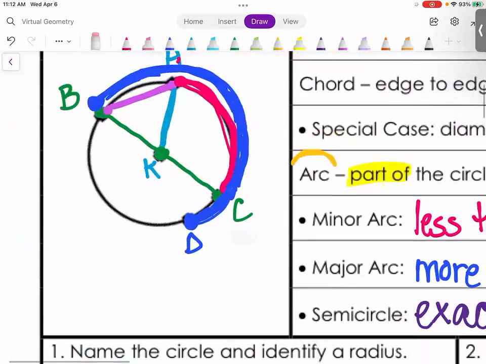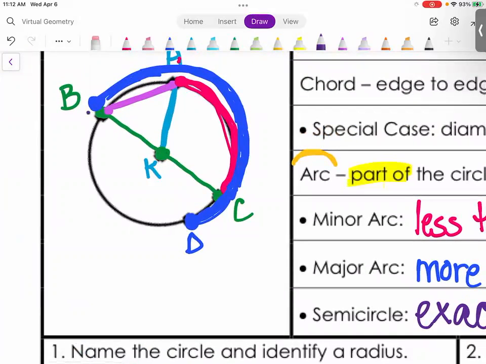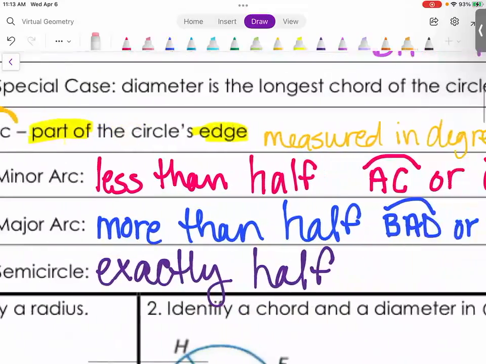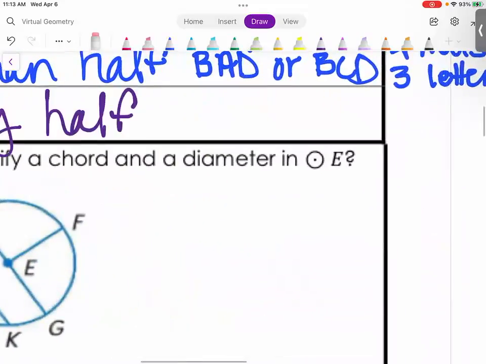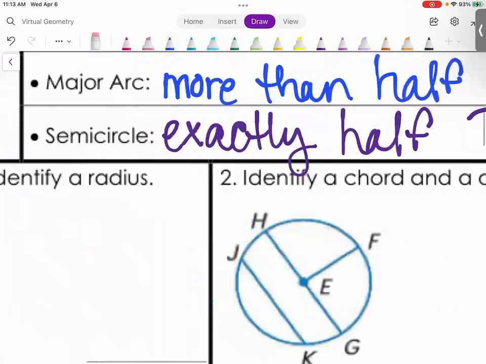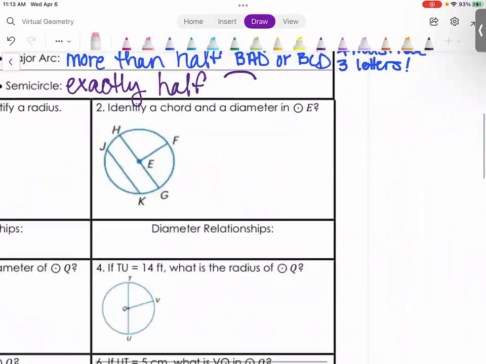So if I go back to my picture, that could be the arc that starts at B, goes all the way around through D, and then ends at C. And this one as well has to have 3 letters because I need to know which side of the circle, which half am I going to use? So we could have arc, let's see, what did we start at? Go back and check the letters. BDC.